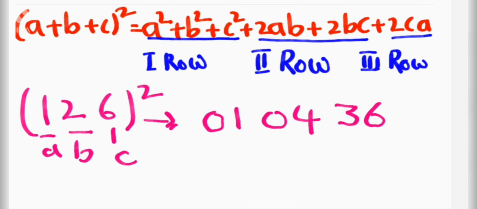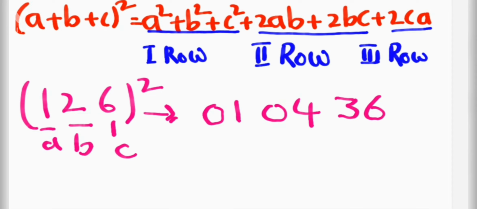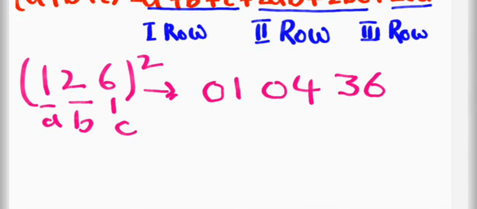Now second row we have to write 2ab and 2bc. Here leave the first place. 2ab, 2 into a means 1, b means 2. Therefore 2ab means 2 into 1 into 2, that is 4. So we have to write 0 4. Next 2bc, 2 into b means 2, c means 6.